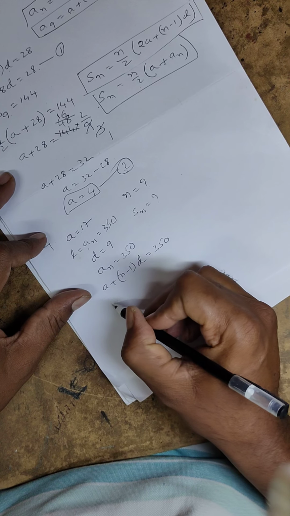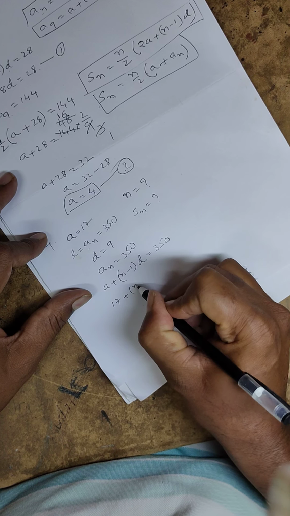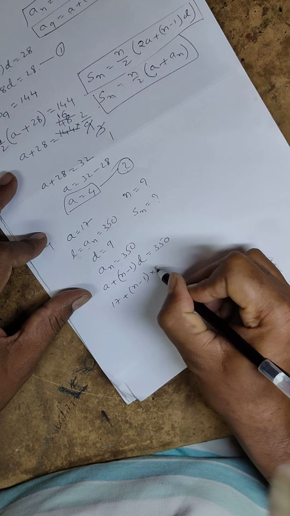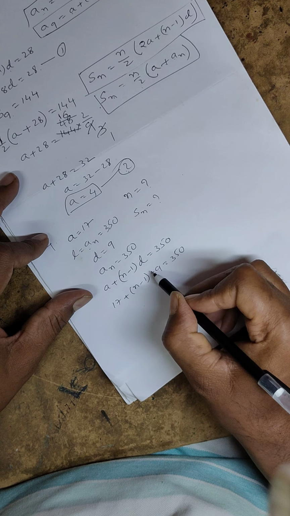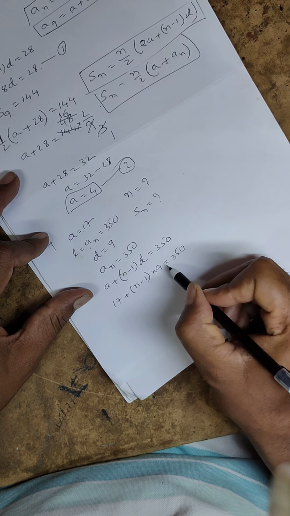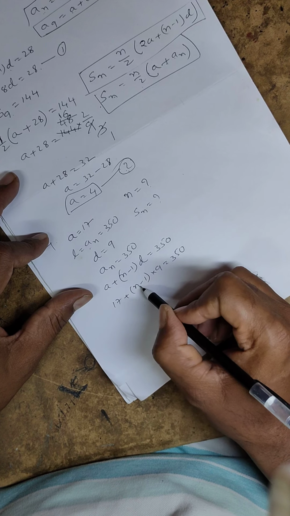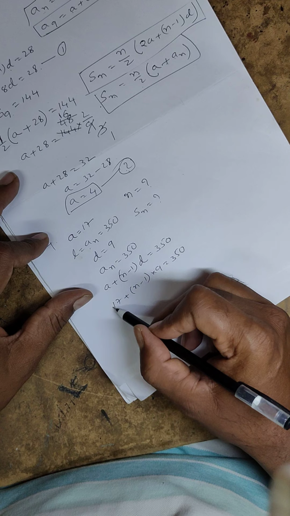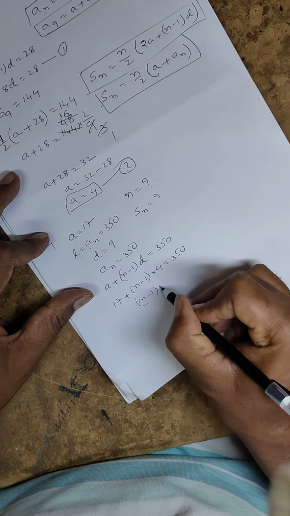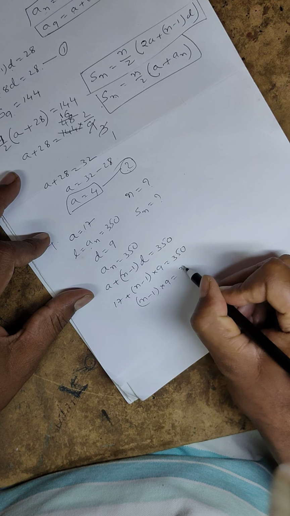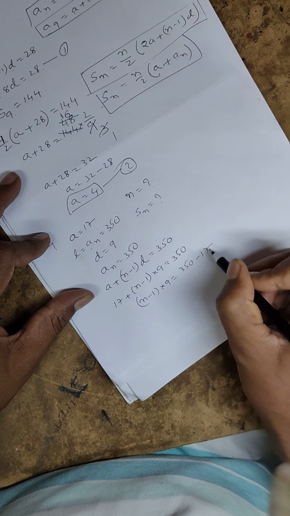So wherever a is there, write 17, and wherever d is there, write 9, is equal to 350. First, don't take 9 to the right hand side. We should not take it. 17 plus n minus 1 into 9. First, you have to take this 17 to the RHS. Then n minus 1 into 9 is equal to 350 minus 17.